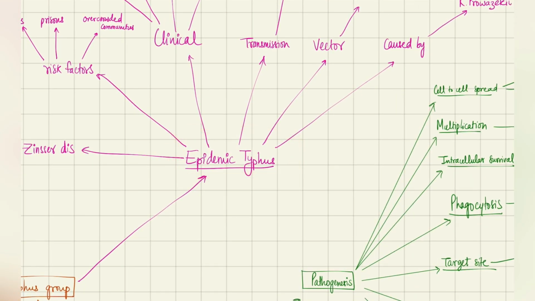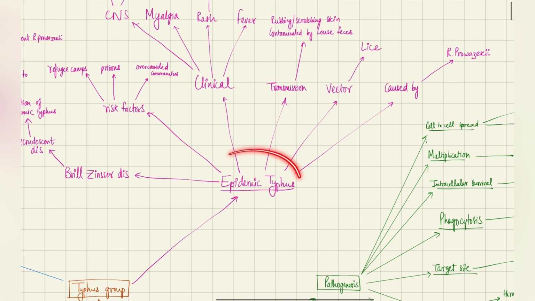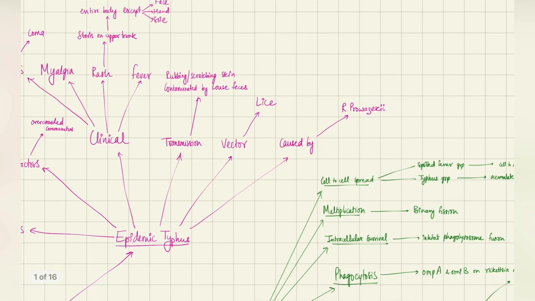In epidemic typhus, we need to remember these individually. Any one of these can come as a short question, or we'll have to describe all of them in a 15-marker long question. So this is very important. The causative agent is Rickettsia prowazekii, a very famous and important bacteria, and the vector is lice.